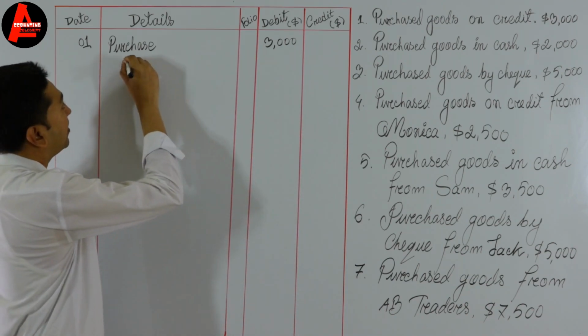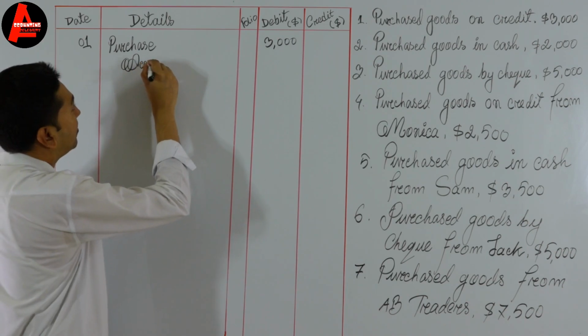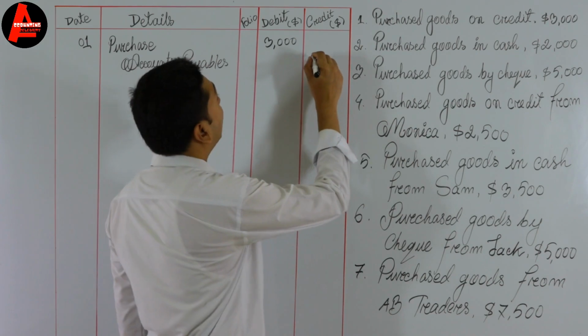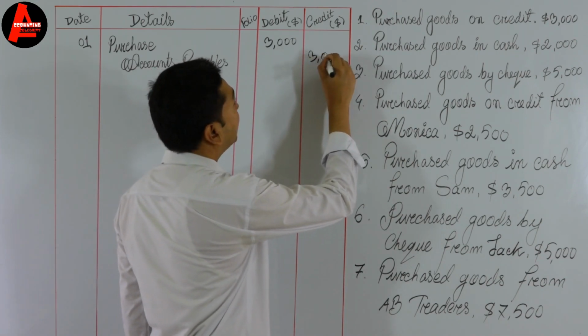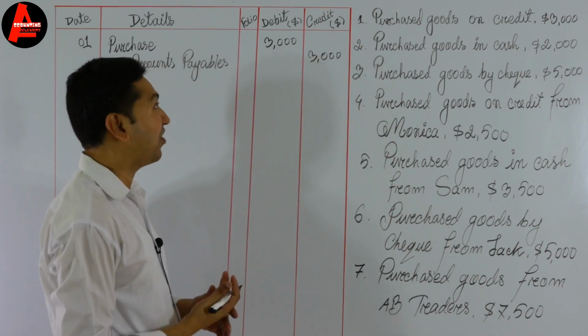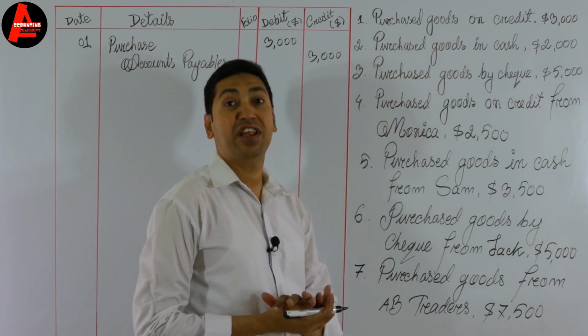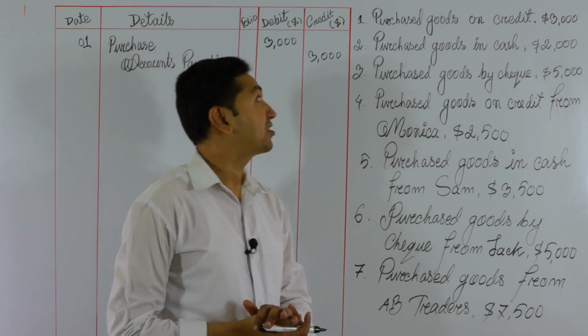Same amount on the credit side, $3,000. This is how you need to journalize when you get purchase goods on credit in your exam or test paper. So first one is done.